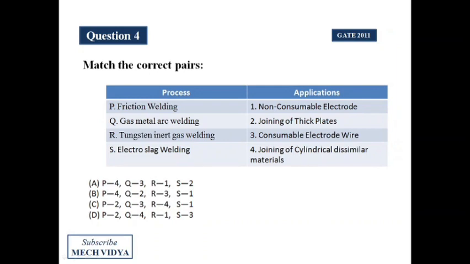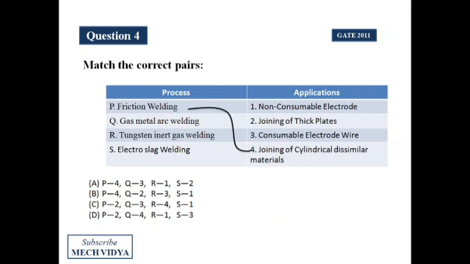Number 3, consumable electrode, is also not applicable. So obviously the correct option has to be 4, joining of cylindrical dissimilar materials. Friction welding is a very popular technique used for joining dissimilar materials. So friction welding will be linked with option number 4.